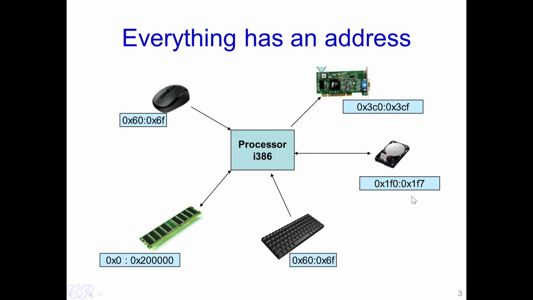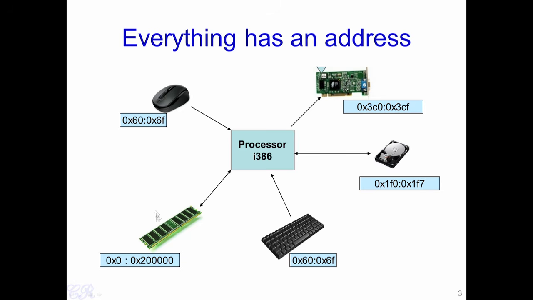For instance, we would have the hard disk, which is present from the address range 0x1F0 to 0x1F7. So, what this means is that when the processor sends out an address on its address bus, the hard disk would identify that the address is within this particular range, and therefore, it will respond.